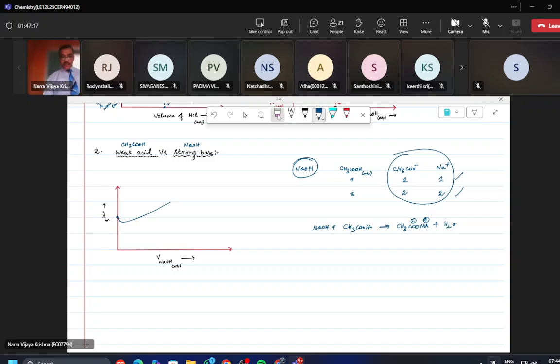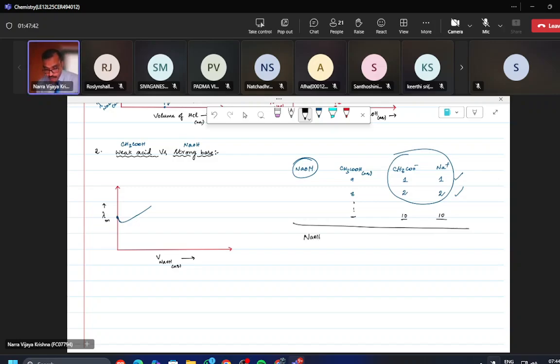Right? Now, after that, it started increasing. Now all this acetic acid got reacted. Not there. You got a 10. Correct? Complete titration is done. Now I am adding NaOH again.